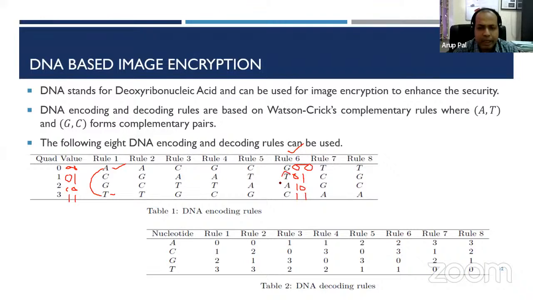So that means these two are complement to each other, and these two are complement to each other. This is called the Watson-Crick complement rules, and here we have 8 such rules.